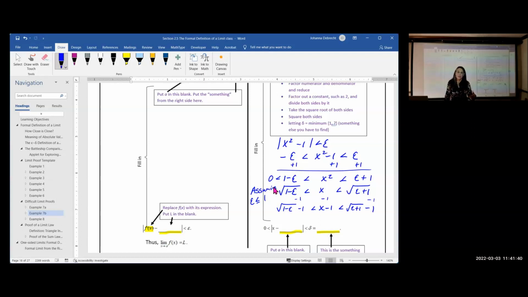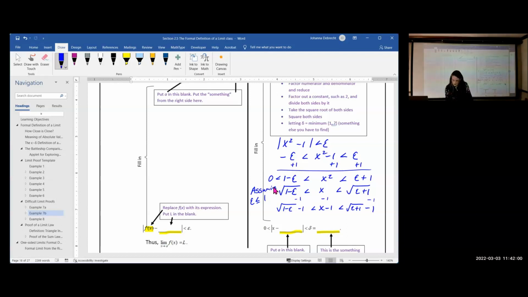So the square root of it is a number less than 1. And when I subtract 1 from this number less than 1, it's going to be negative. That's a problem because I need to trap this between two positive values, one with its opposite.